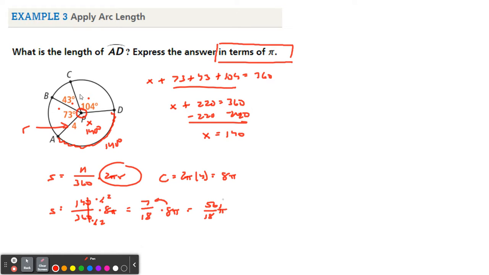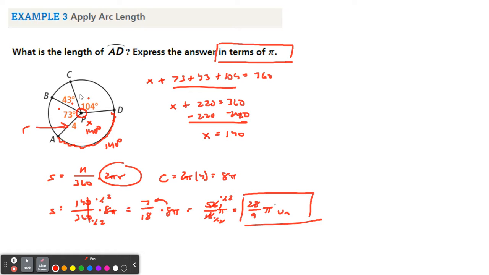I'll put the pi after. Ignore that little line there. And now 56 and 18 can be divisible by 2. So that's going to be 28 over 9, and I believe that is simplified, and put the pi. And that would be in a length of units, right? 28/9 pi units.